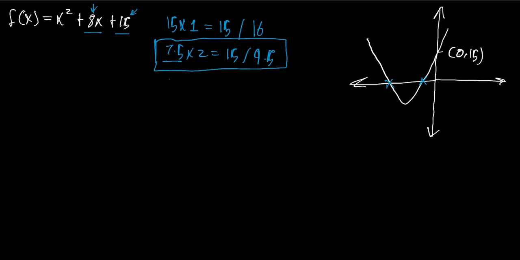Let's move down. 5 multiplied by 3 gives us 15. Add them up: 5 plus 3 is 8. All right, we're getting somewhere. So two numbers that multiply to 15 and add to give me 8 are 5 and 3.